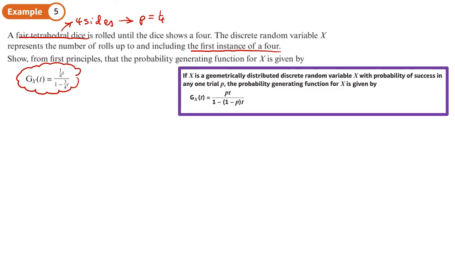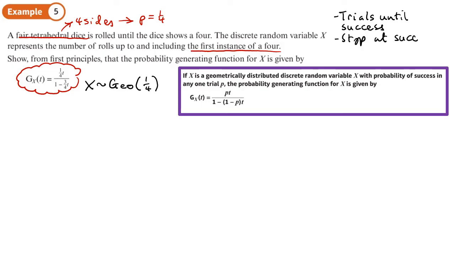Now the first thing we need to do is to identify what type of distribution this is. Because we are carrying out trials until we get success, it's a geometric distribution. The features are trials until success, and then stop at success.